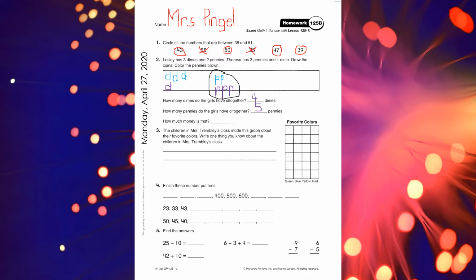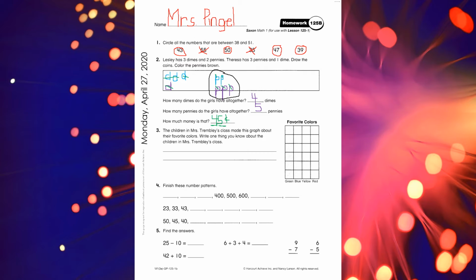So every time I touch a dime, I'm going to count by tens and then switch over for pennies with ones. 10, 20, 30, 40, 41, 42, 43, 44, 45. That is 45 cents. There are 4 groups of 10 and 5 extra ones to make 45.